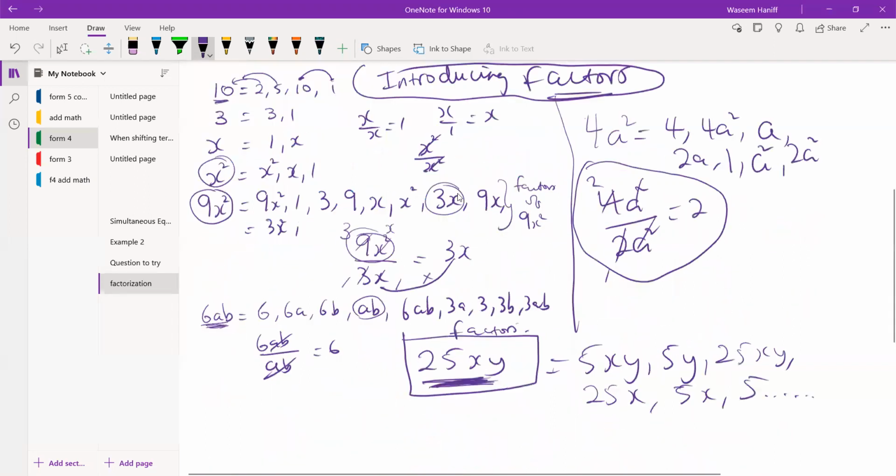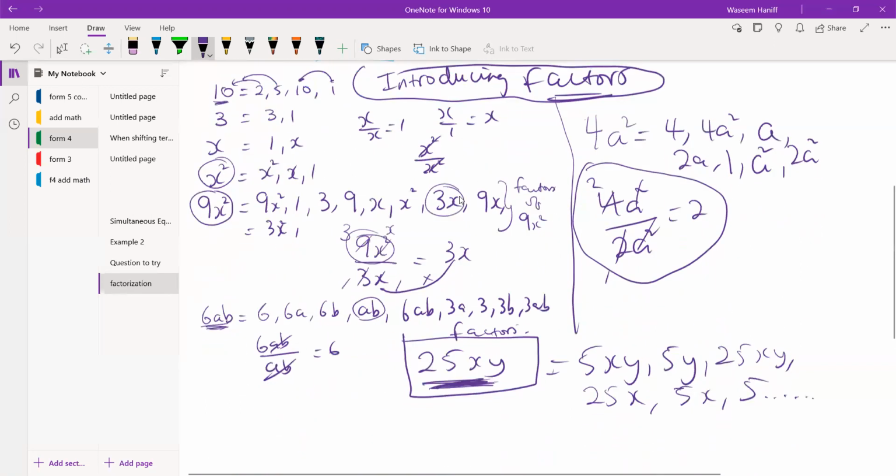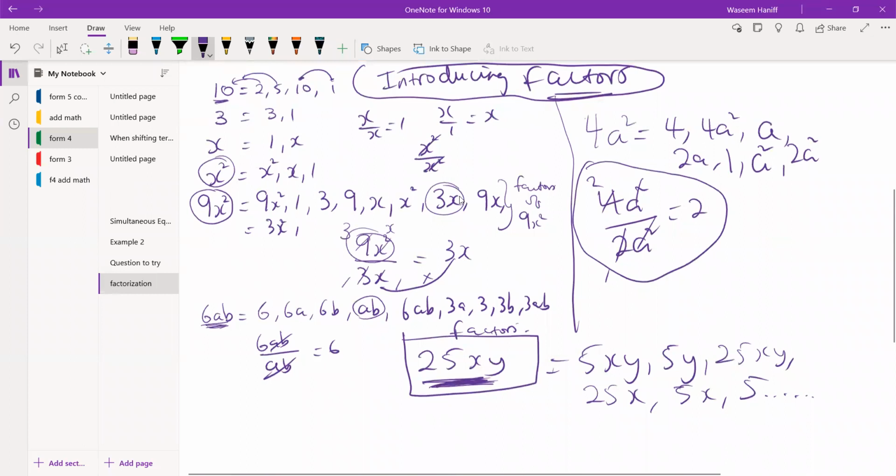Expand, you're going to multiply. Every time you see brackets, you multiply and remove the brackets. So we're going to do the opposite of that now. This is a very key concept in mathematics. Factorization is the foundation of many other topics in maths, just like substitution is the foundation of many other topics.